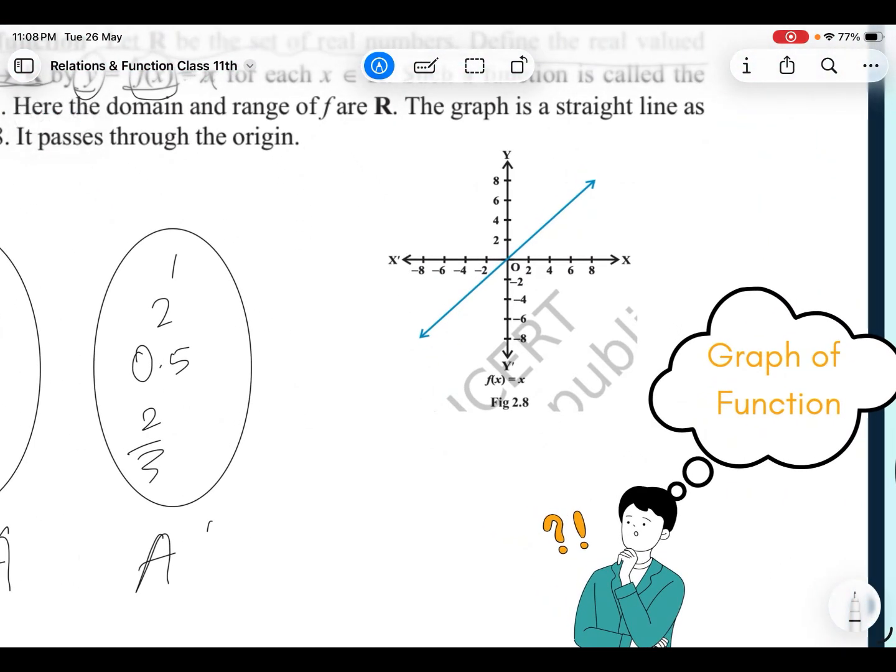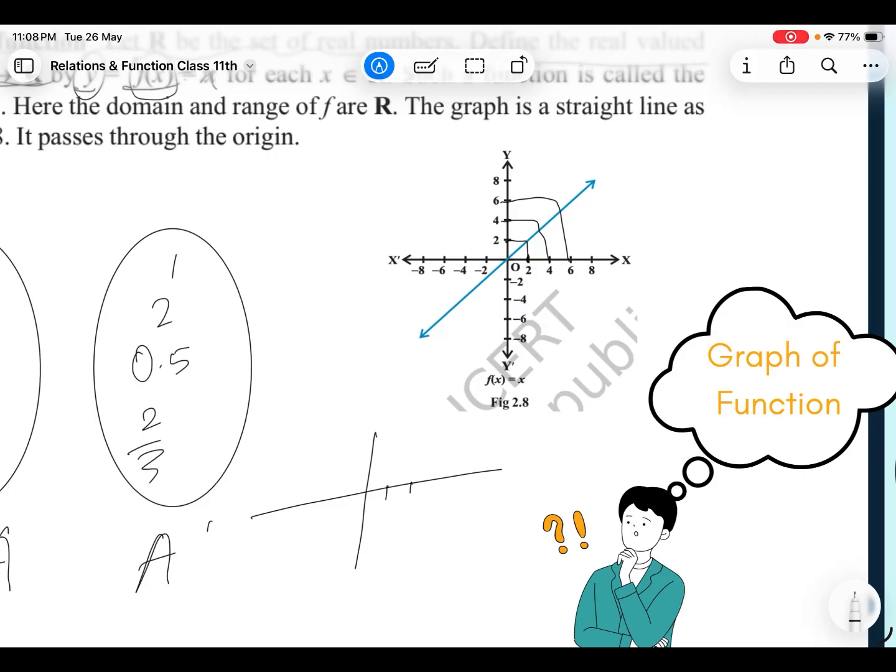You see the graph here. When we are taking 2 in x, then what is y? 2. When we are taking 4, then y is 4. When we are taking 6, then 6. So let me make a graph here.